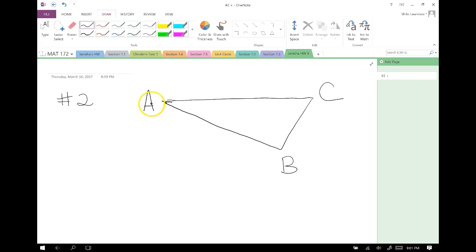Make sure that you're always labeling your sides with the exact same letter directly across from the same angle. So if angle A is here, we're going to do side A over here, and angle B is here, so side B is here. Angle C is here, so side C is here.